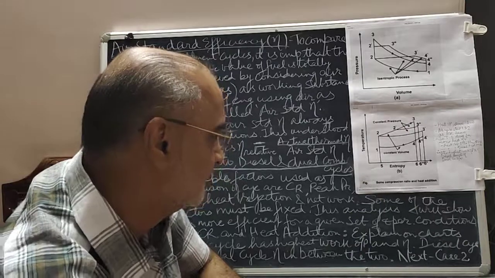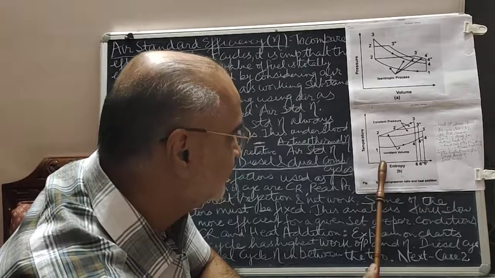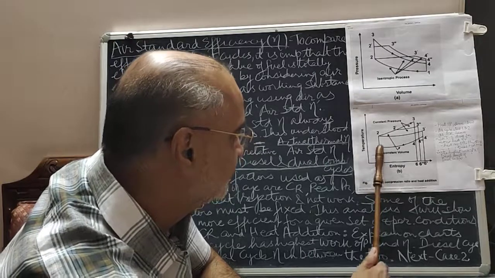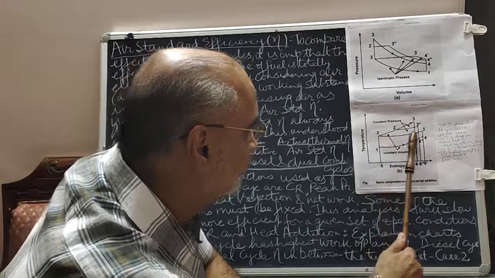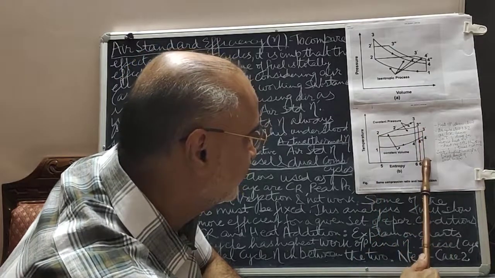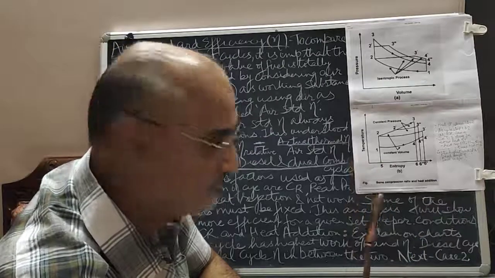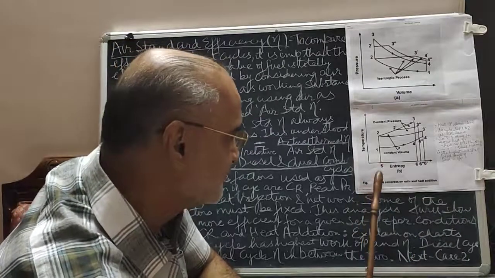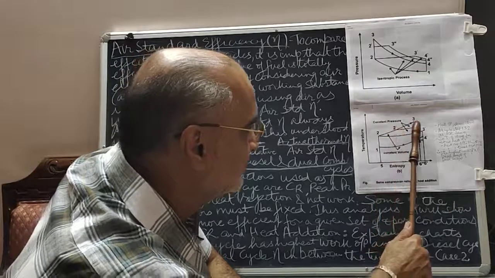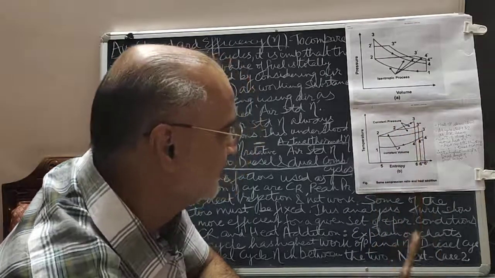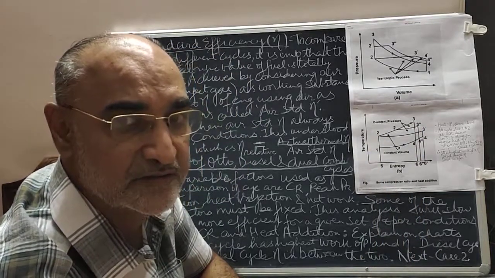You know this. For diesel, it is 5, 2, 3 dash, 6 dash. For the dual combustion, it is 5, 2, 2 dash, 3 dash, 6 dash. All these three areas are equal.